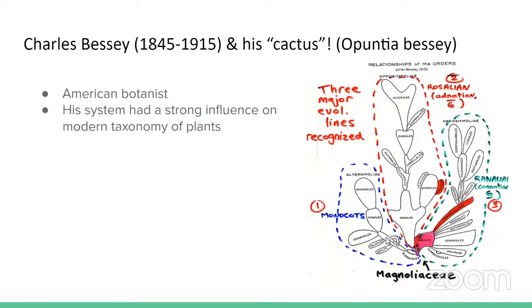We can see his little cactus because it has these little sprouts sprouting off of it. And these are some of his major evolutionary lines that he was able to figure out in the 1800s and early 1900s. So here we see those monocots arising again, even in those much earlier systems, but it's not monocot versus dicot based actually.